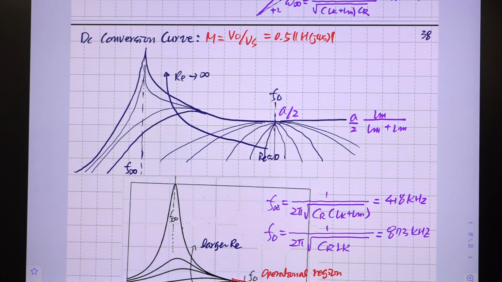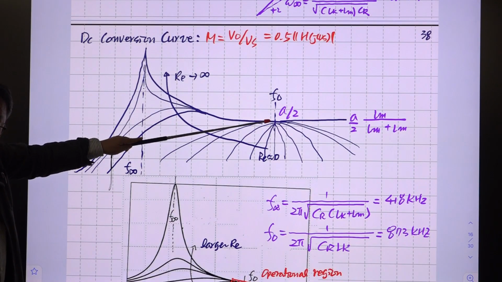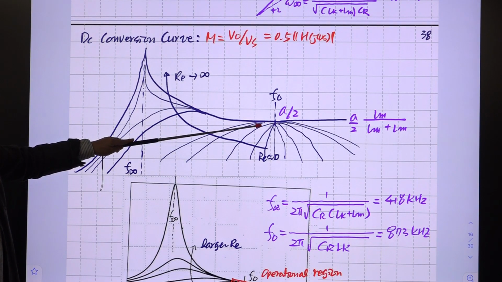Okay? This is the voltage gain curve, DC in, DC out voltage gain curve, or the AC gain curve of the tank circuit. They are the same thing. And this value, we have A, but we have a factor of 0.5 because of the half-bridge structure.